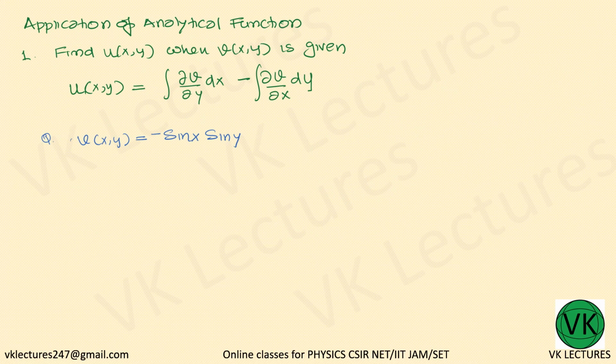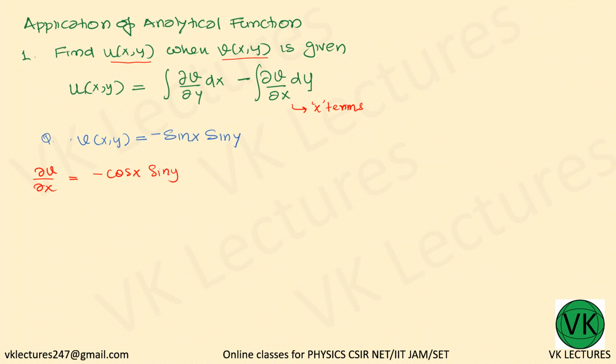Again, the question is to find u of x comma y, the real part, when the imaginary part is given. This is the formula here, and this should not contain x terms. Okay, so let us start with ∂v/∂x, that's equal to minus cos x into sin y.